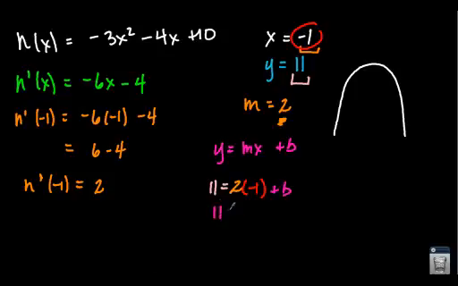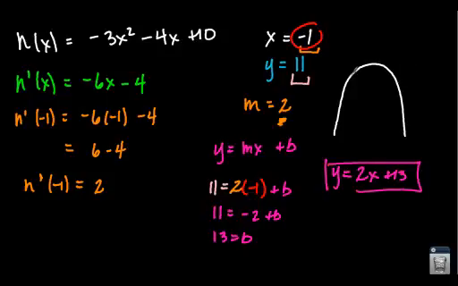Then I solve for b and write the equation of the tangent line with my slope times x plus b. If this was the point negative 1 and its y value, my tangent would look something like this.